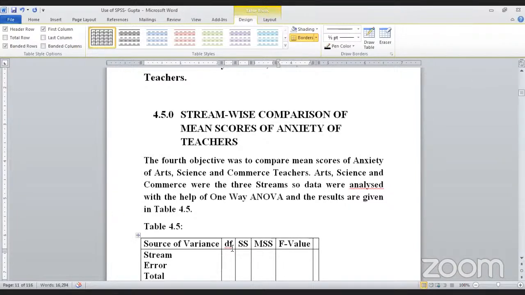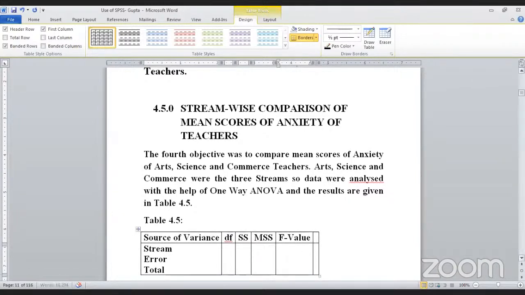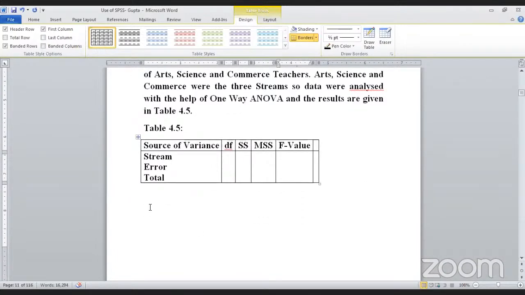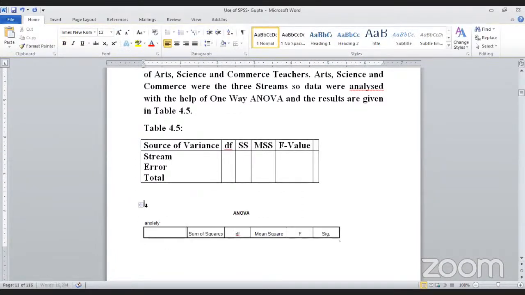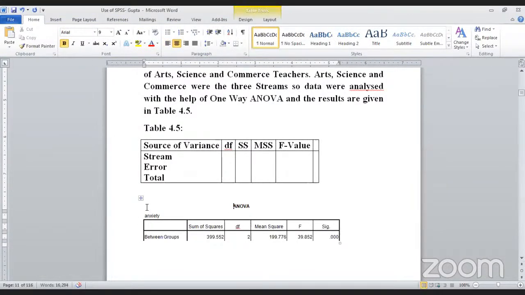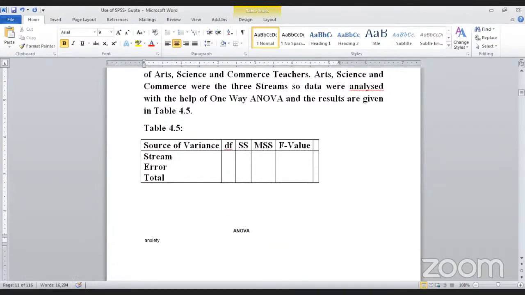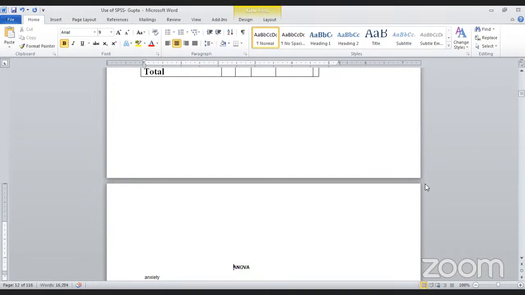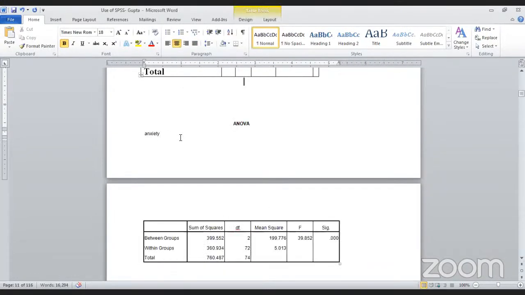So let us write the information from my SPSS. So from the SPSS, you see here is between groups. But we have three groups.